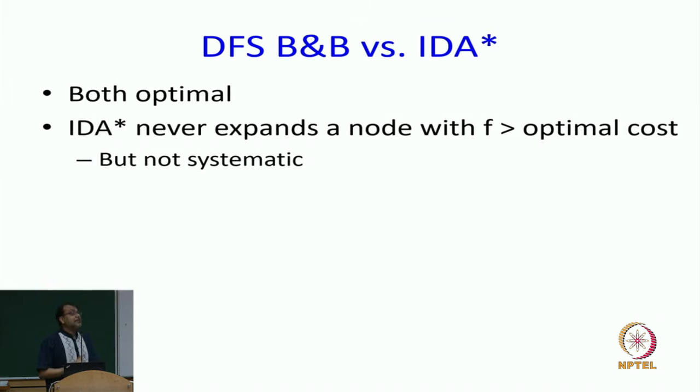At the same time, it never expands a node where f is greater than optimal cost. IDA star is guaranteed to never expand a node beyond the bound, and whenever I hit the optimal cost bound, that is when I will find the goal, but I will never expand any node where f is greater than the optimal cost. Is the same property true for depth first search branch and bound?